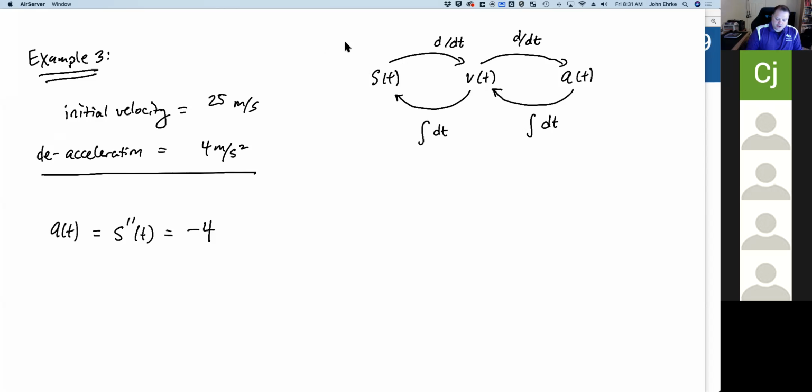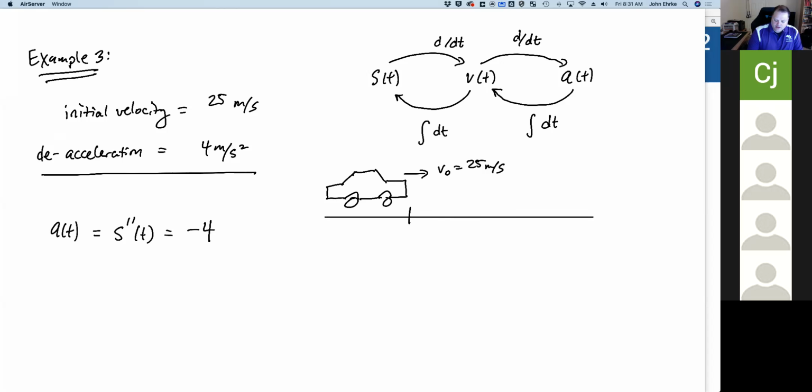So let's suppose that the car is traveling along. This is going to be my attempt at drawing a car. Not bad. So the car is traveling along. We know that its initial velocity is 25. We're kind of tracking a timeline here. At time equal to 0, the car starts to brake.